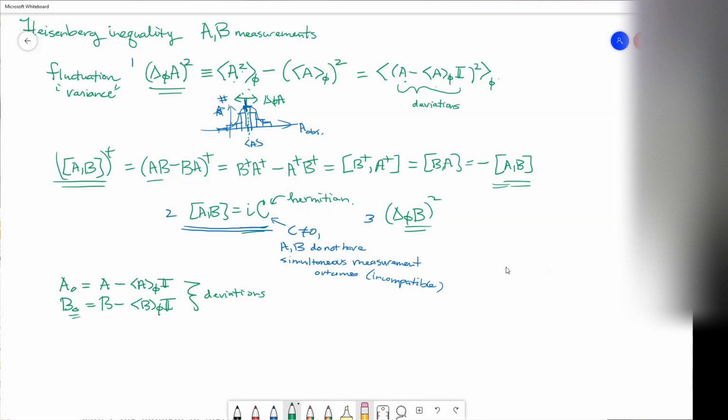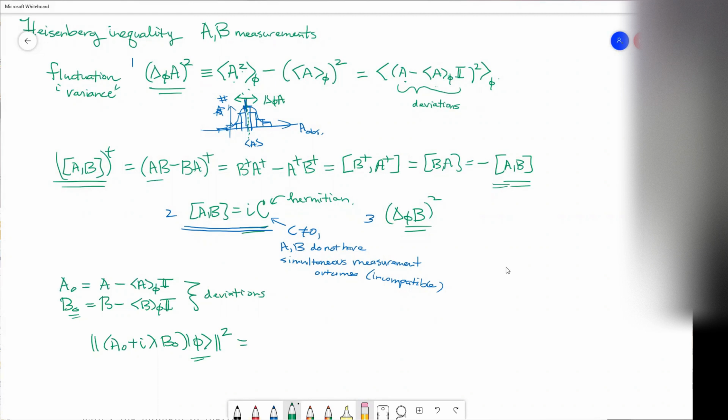Let's look at the magnitude of A naught plus i lambda B naught acting on the vector corresponding to your system state. Let's look at the magnitude of that squared. So what's this thing?